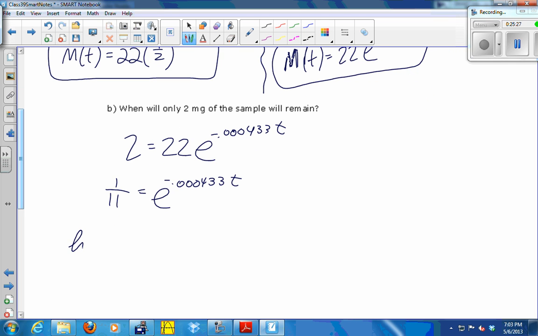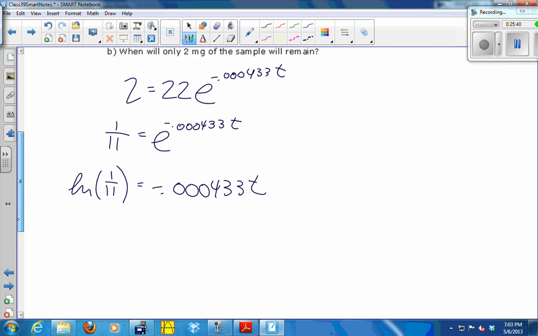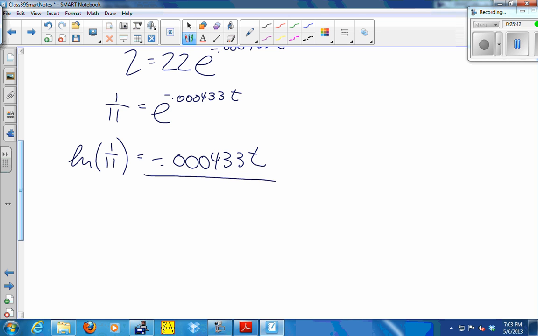So now I take the ln of both sides. And the ln of e to my stuff is just the stuff. And divide by this negative 0.000433.